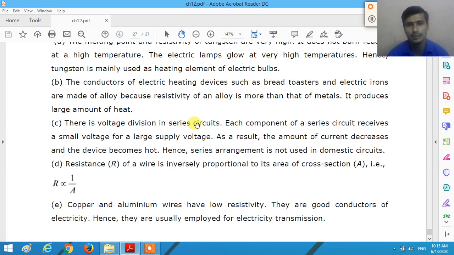So voltage is divided among each of the components. Each component of the series circuit receives a small voltage from a large supply voltage. As a result, the amount of current decreases and the device does not get hot. So the series arrangement is not used for the domestic circuit.